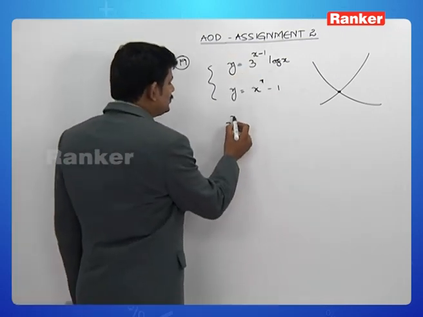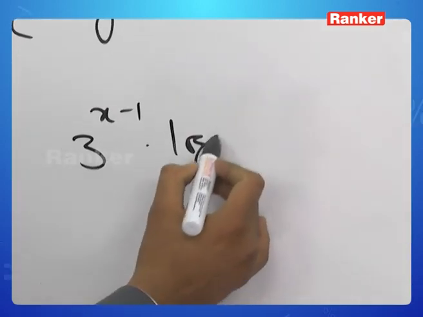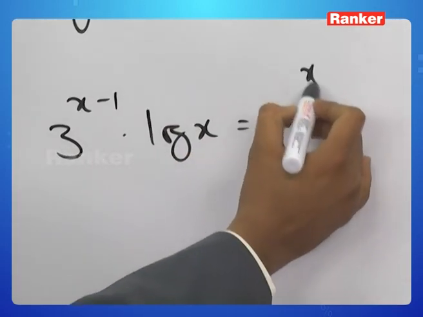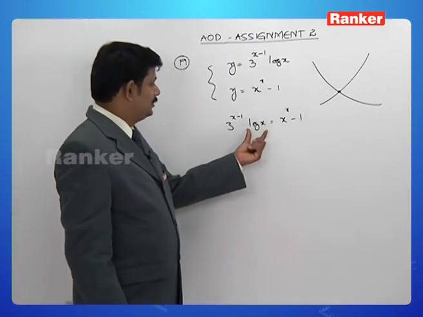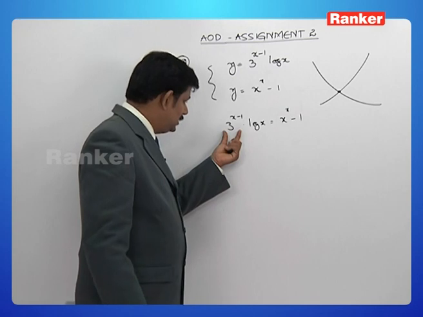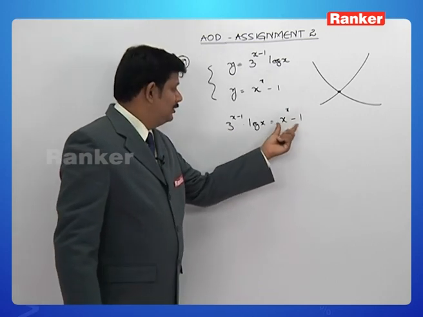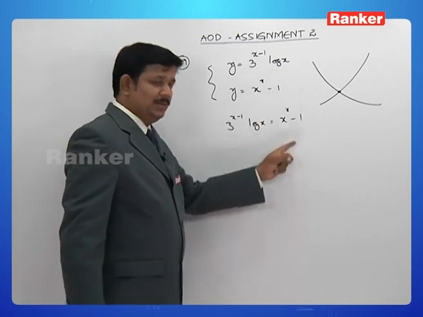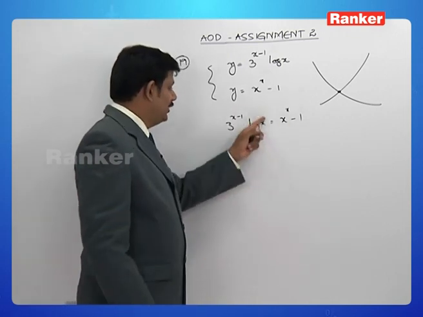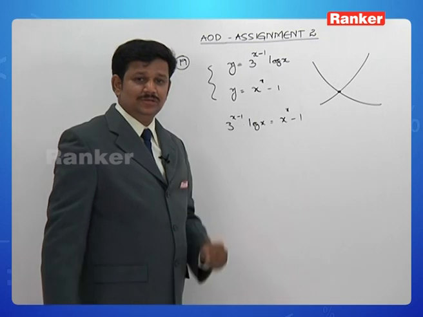So we need to find a point which both the curves satisfy. 3 power x minus 1 into log x, we want it to be equal to x power x minus 1. So we need to have some log 3, and then we cannot see any log here. So probably the point of intersection should have something which makes these quantities zeros.